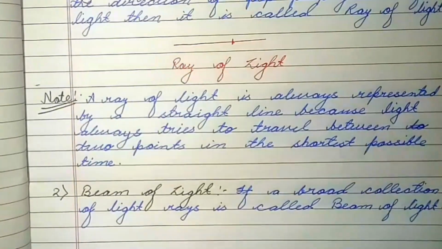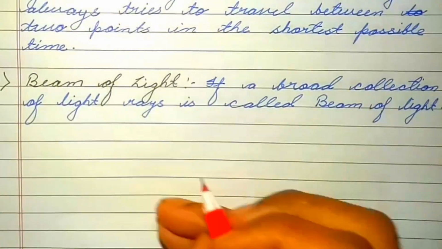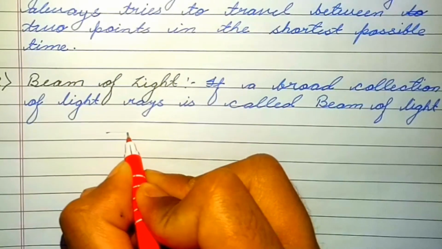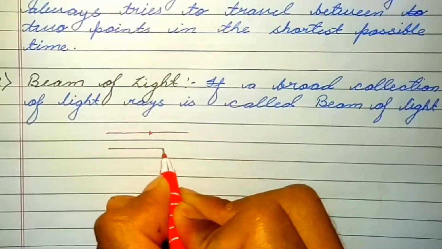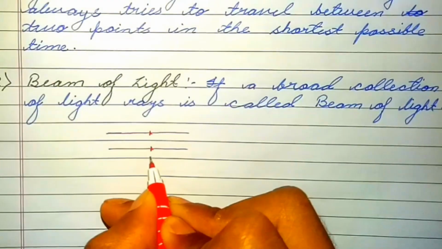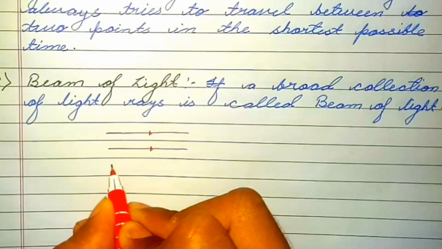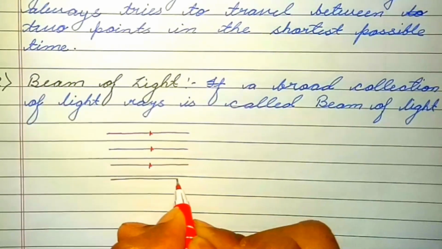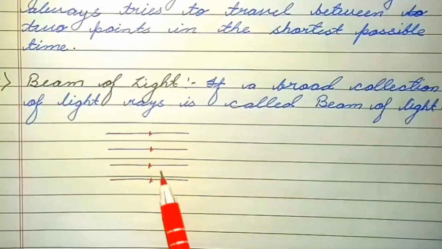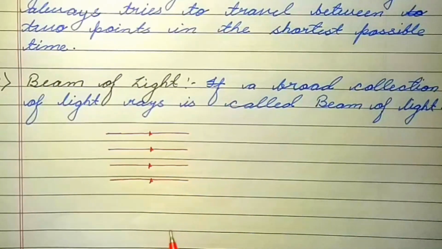Okay, students. Suppose that these all are parallel rays. Collectively these parallel rays are known as a beam of light.